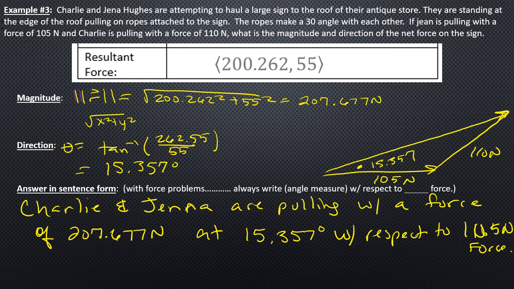Now, if you did this example before I started, I'm going to go ahead and parallelogram this out. And if you did this right here, this is the 110 Newton force. If you take the combined angle 30 minus 15.357, you should get, I'm grabbing a calculator, 14.643.